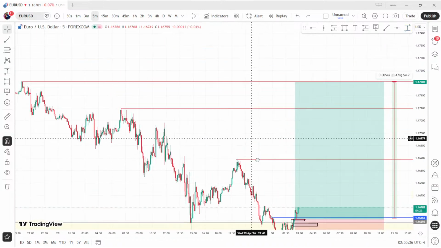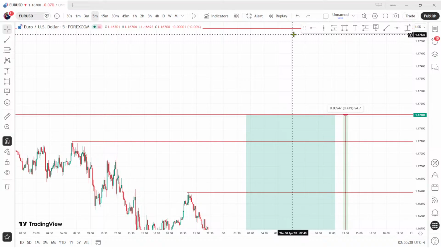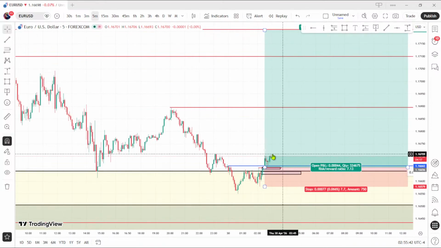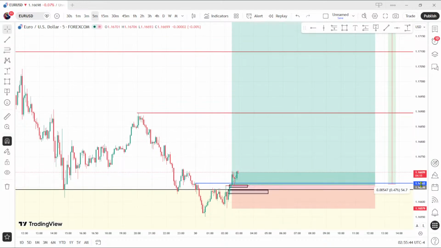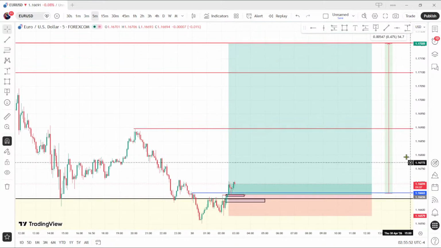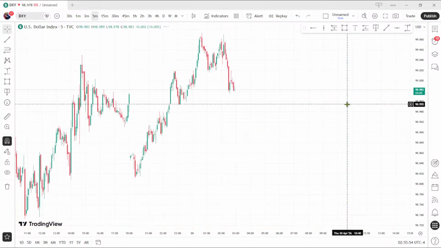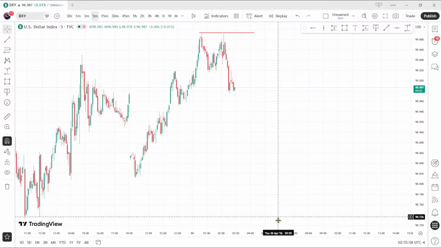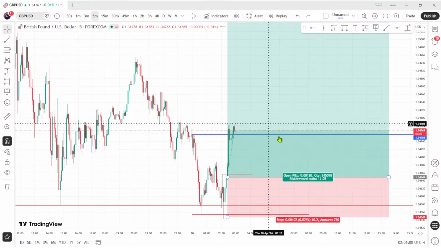This is actually the halfway point of what we are expecting. I'm saying it again. 54 pips. The DXY, I'm expecting a down close candle. Then the daily.